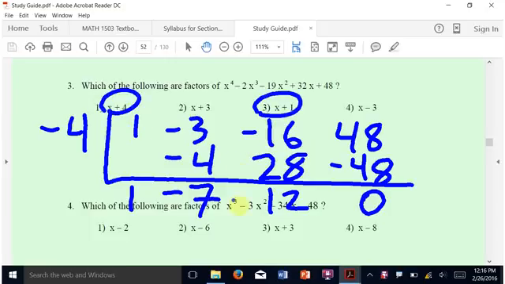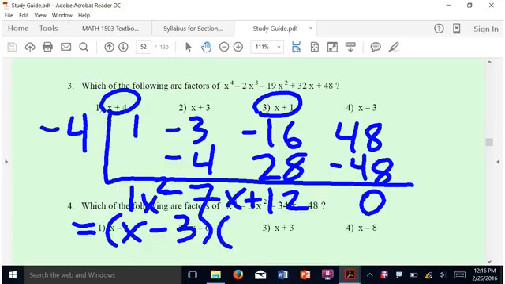Okay, and this quotient, when we insert our variables, becomes a quadratic function that's factorable, and we factored it earlier, and we know that it factors into x minus 3 and x minus 4.